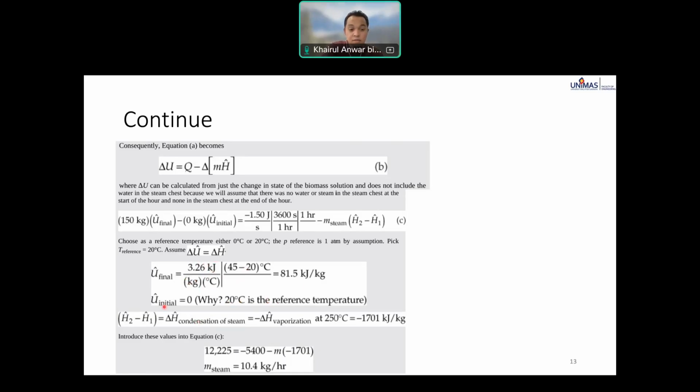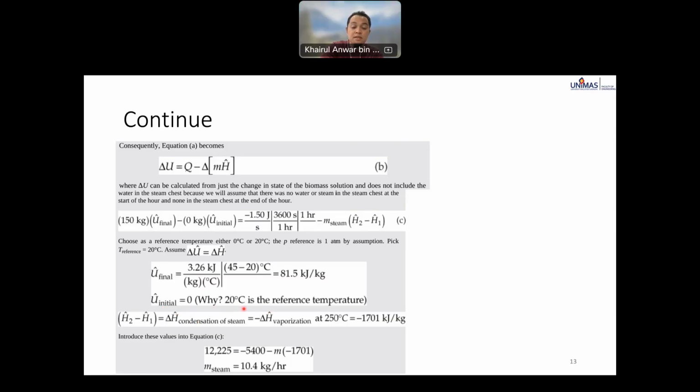Another one, U initial is 0. Why? Because the reference temperature is 20 degrees C, which is the initial state of the process vessel.